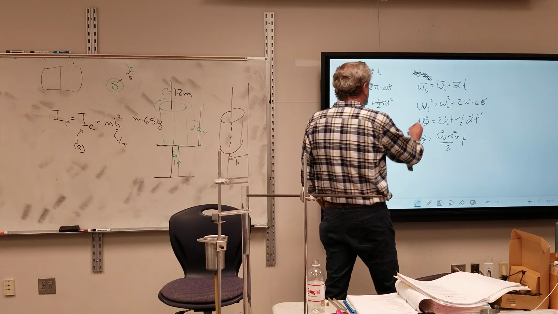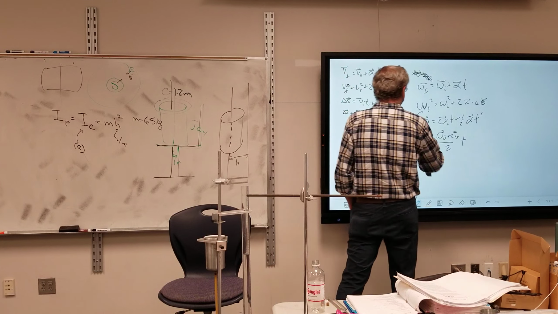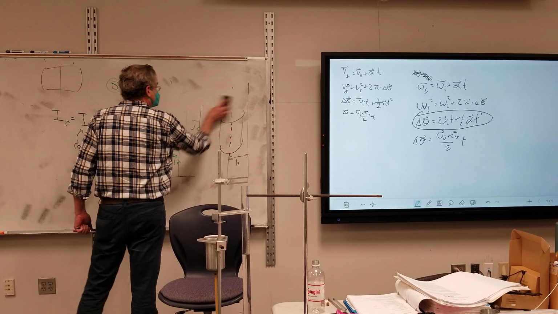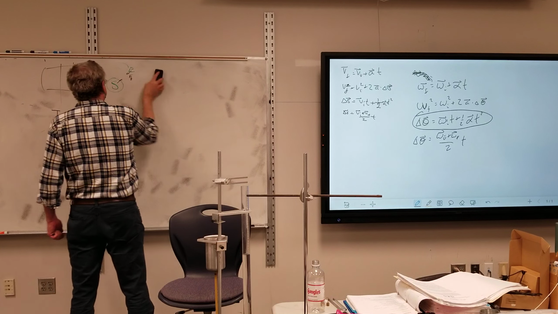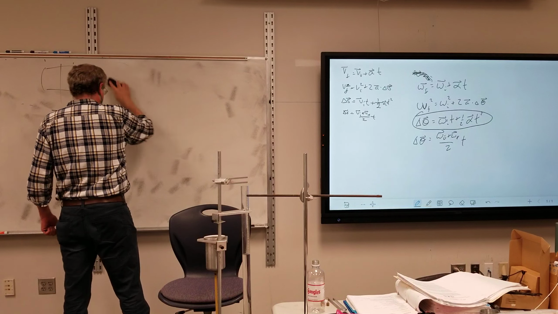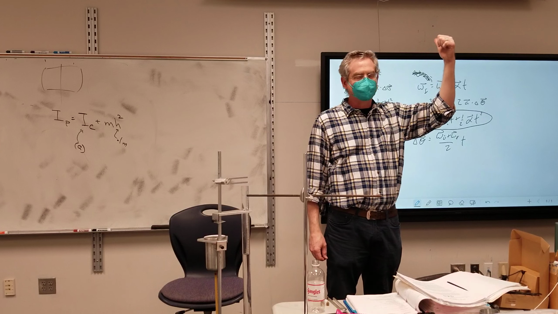All right, so this third one here is the one that's probably going to be the most important one. So the clues that they give in this is that the first complete revolution, so what's the angle? 2 pi.